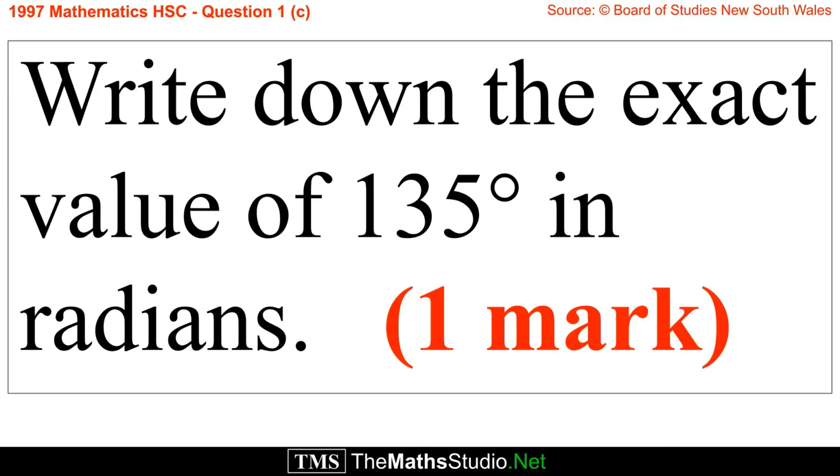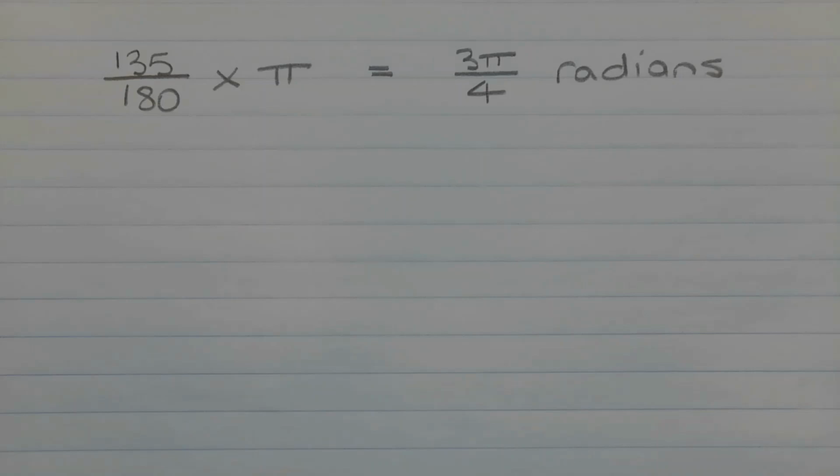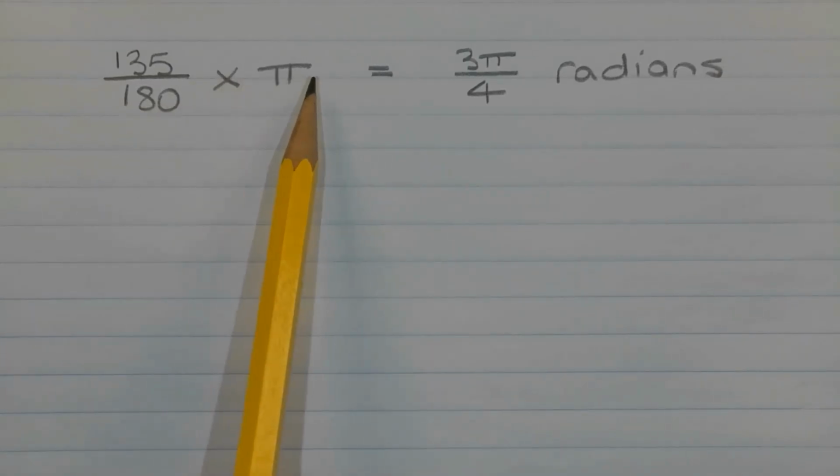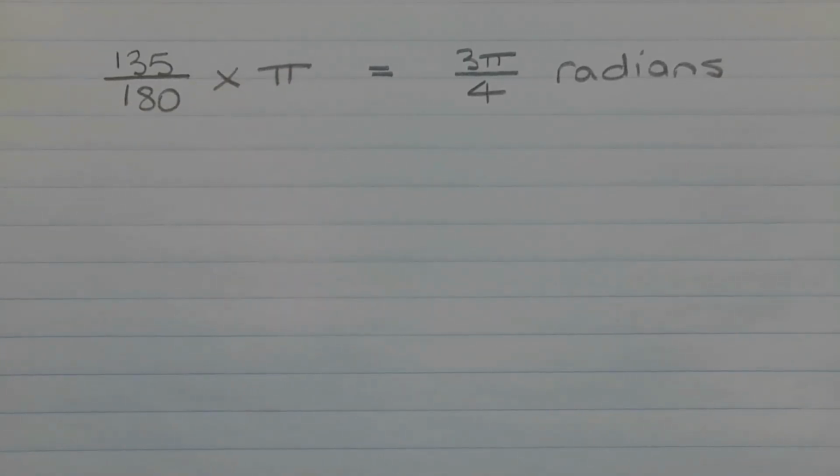Question 1, Part C. Write down the exact value of 135 degrees in radians. To convert from degrees to radians, starting with the degrees, we divide it by 180, but then we multiply that by pi. Think of pi as a pronumeral that represents 180.